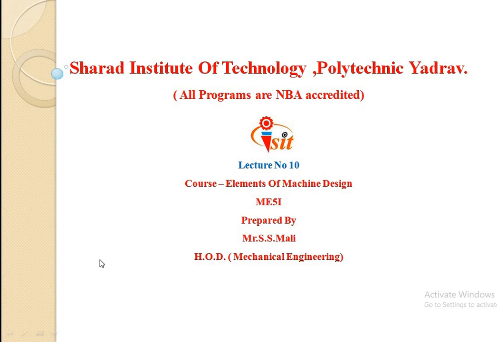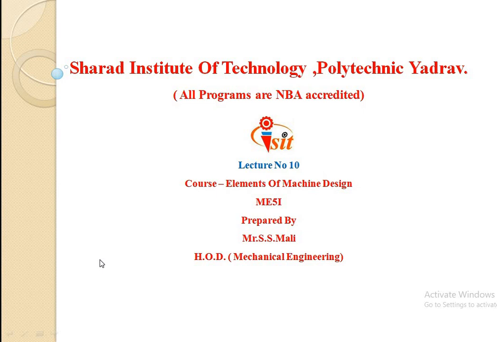In this lecture we will discuss the designation of steel, how the steels are designated on the basis of mechanical properties and on the basis of chemical properties, that is, on the basis of mechanical composition and on the basis of chemical composition.